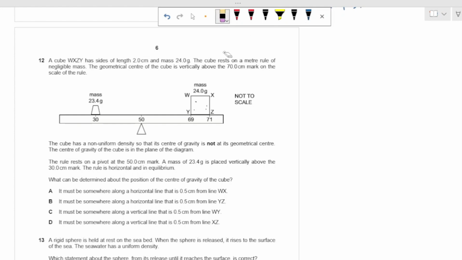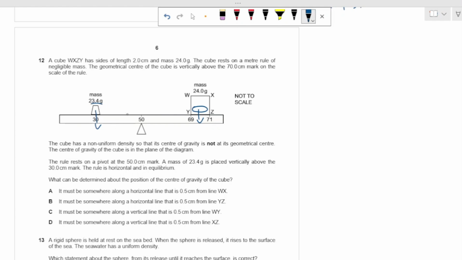We do not know, but we know one thing, that these two objects are balanced, and the weight of this object acts directly at the 30 centimeter mark. Then there is a center of gravity somewhere over here that is giving a force on that meter rule, that is balancing the moment caused by the mass of 23.4 grams. That's one thing we can work out.